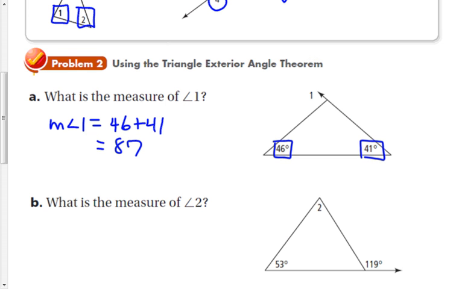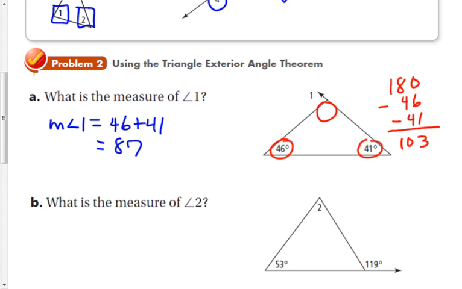That's pretty easy. But even if you didn't know that, you could figure it out because you have the triangle angle sum theorem. So 46 and 41 and this missing angle altogether add up to 180. So if you took 180 minus 46 minus 41, you would get the measure of that missing angle.